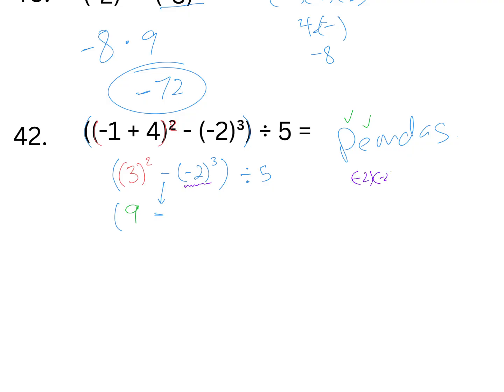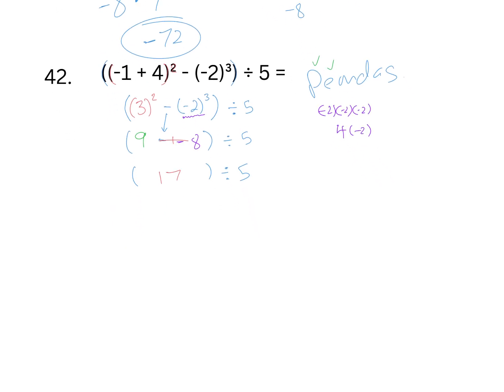Negative 2 cubed is negative 8. And then inside our parentheses, we have 9 minus negative 8. That's 9 plus 8. So we have 17 divided by 5.